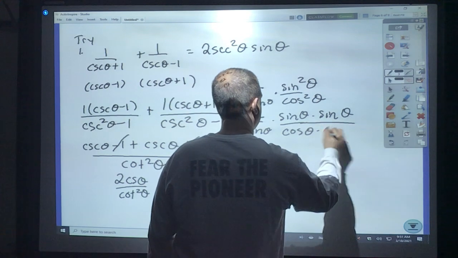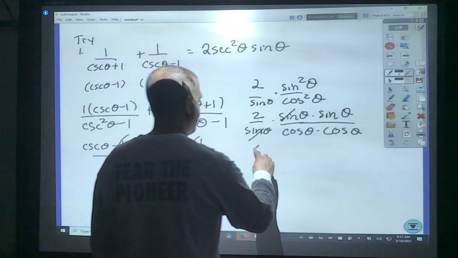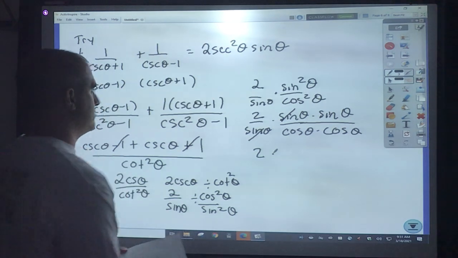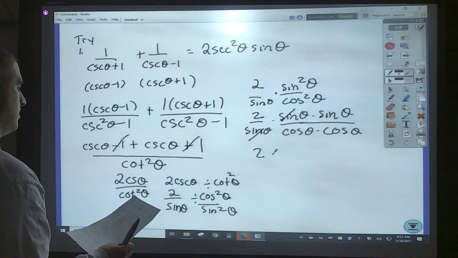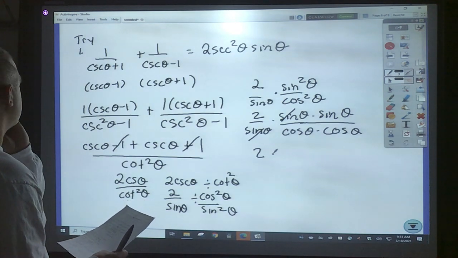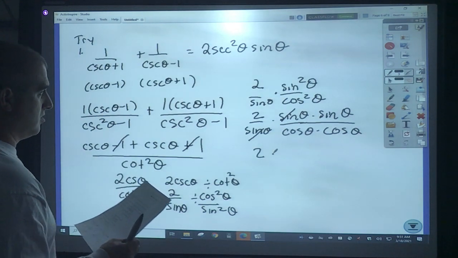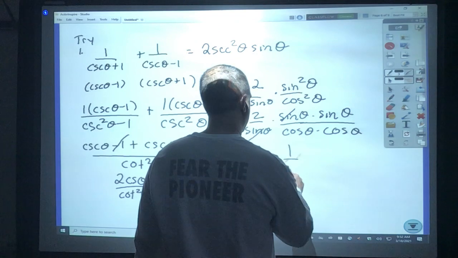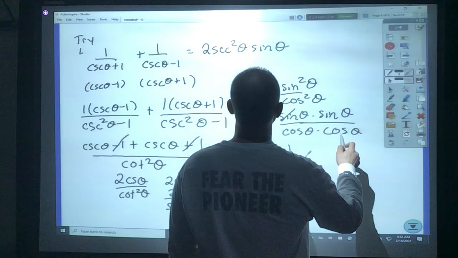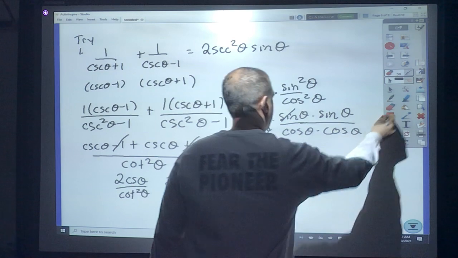Separate these out, okay? And what would happen is this would go away. So I would have 2 up here, then I would have 1 over cosine of theta times... I'm sorry, I would have... got paused a little bit there.